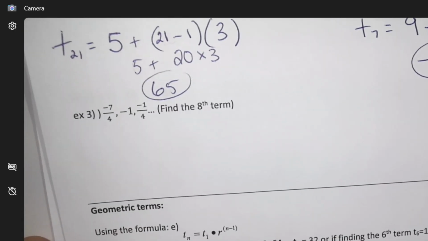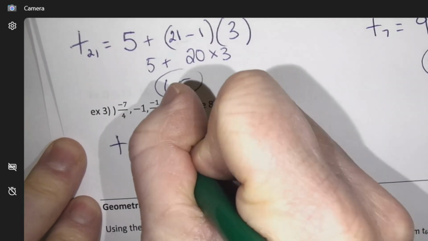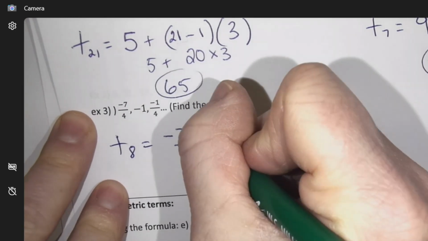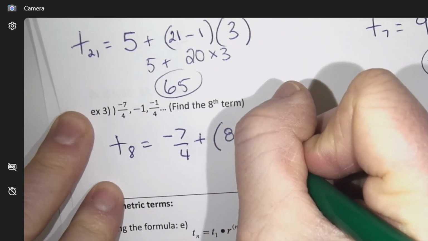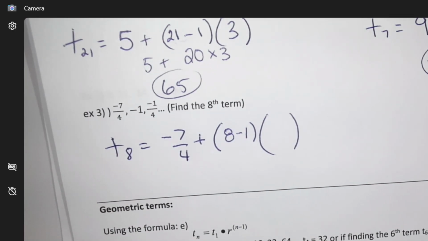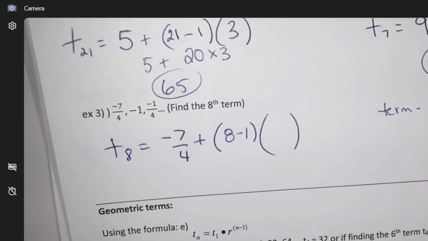Okay. Last one, here we go. Term 8 equals the first term plus the number of terms, so 8 minus 1, times the pattern difference. So I'm going to go to the side and figure it out. Do you remember how to do it?